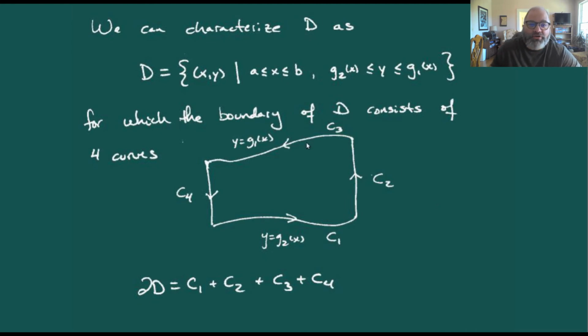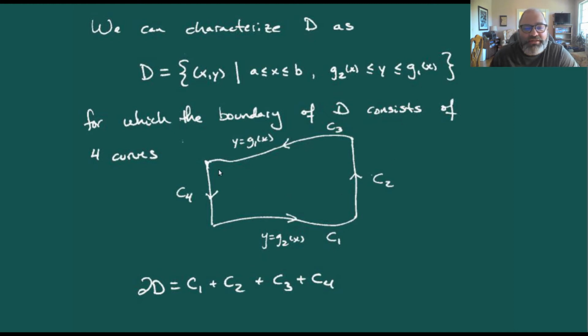So we could characterize D as just the set of points (x, y), with x in between a and b, and y in between these smooth curves g2 and g1.